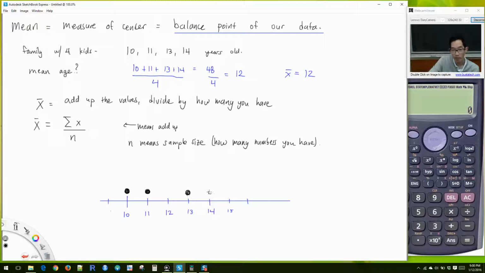I've got this board with stones at 10, 11, 13, and 14. If I wanted this to be balanced, where would I put the seesaw triangle, the fulcrum? It would go right here at 12, and this would then be balanced. This is our balance point, so x bar is equal to 12.